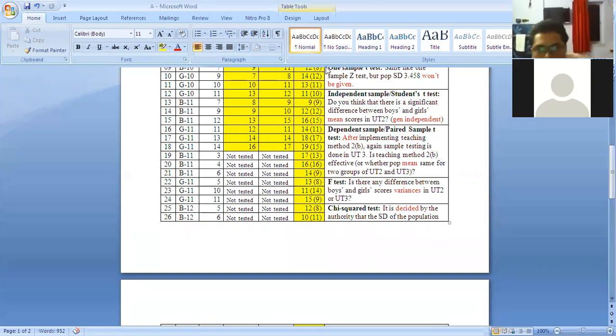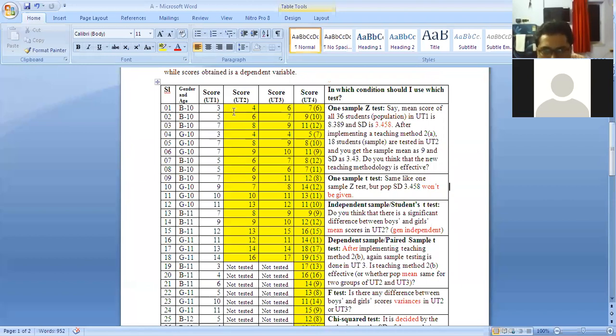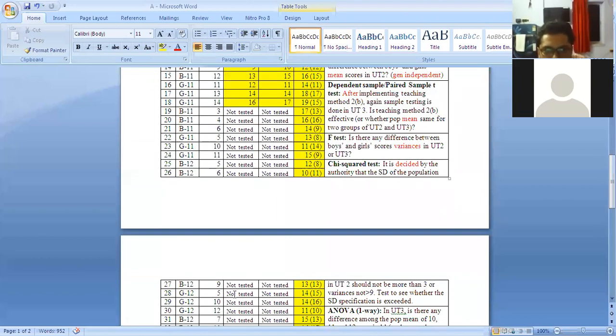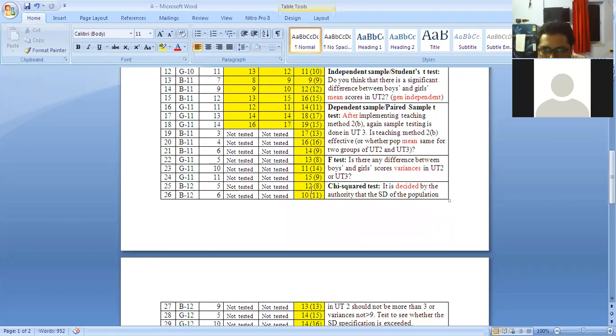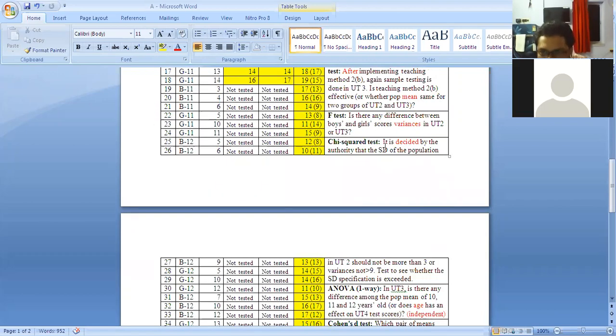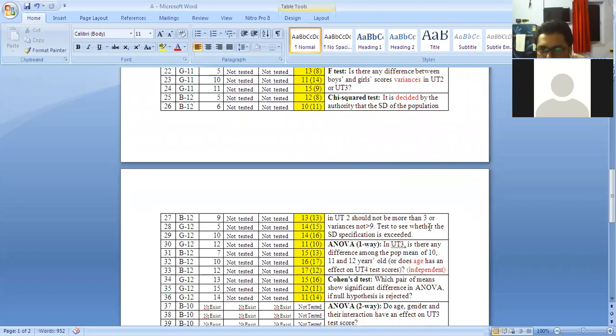Okay. So in chi-square test, suppose in unit test 2, okay, suppose 36 students have registered in unit test 2, okay, and the authority has given you the specification that the standard deviation of these 36 students should not be more than 3.